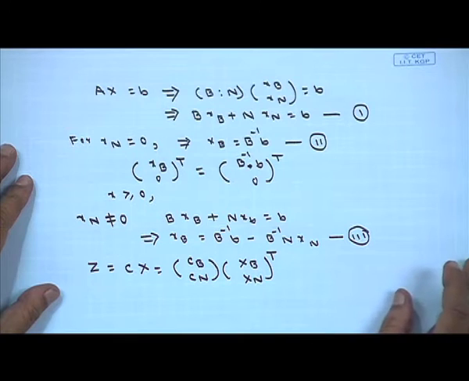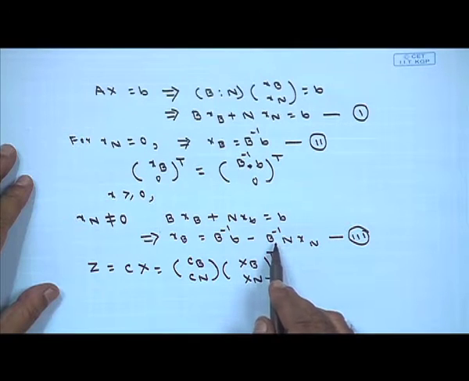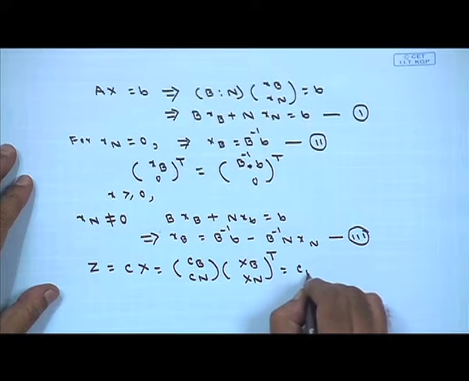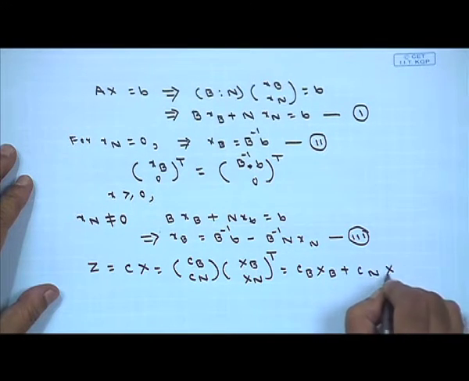In matrix notation we are writing it as C b x b plus C n x n, and if you put the value of x b from equation 3 here, you will obtain C b x b plus C n x n.